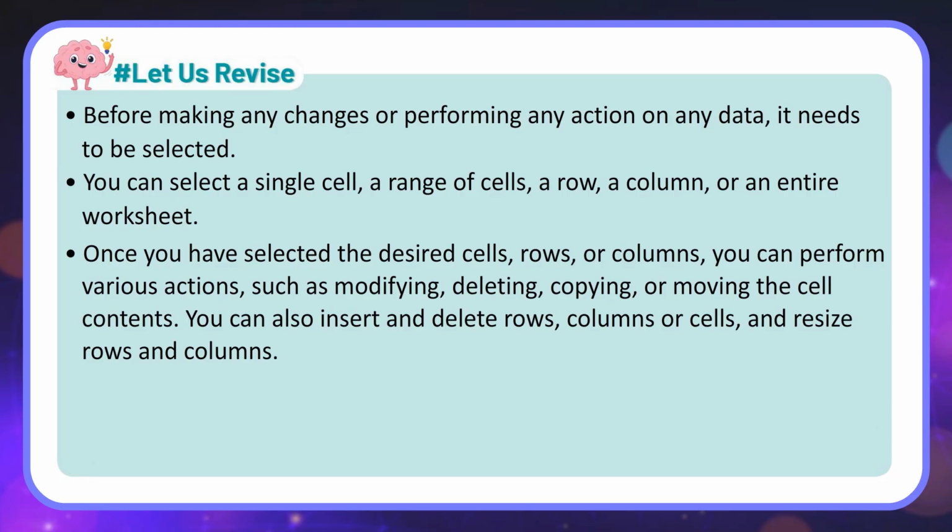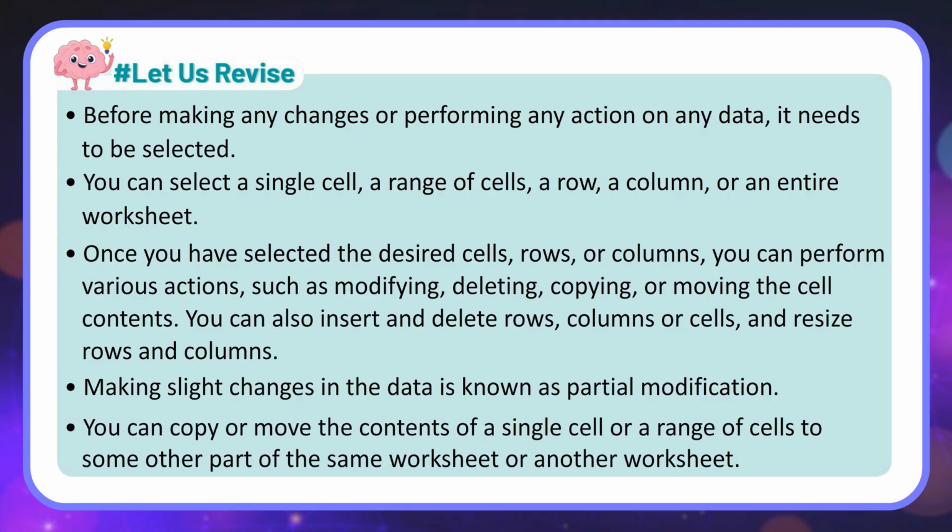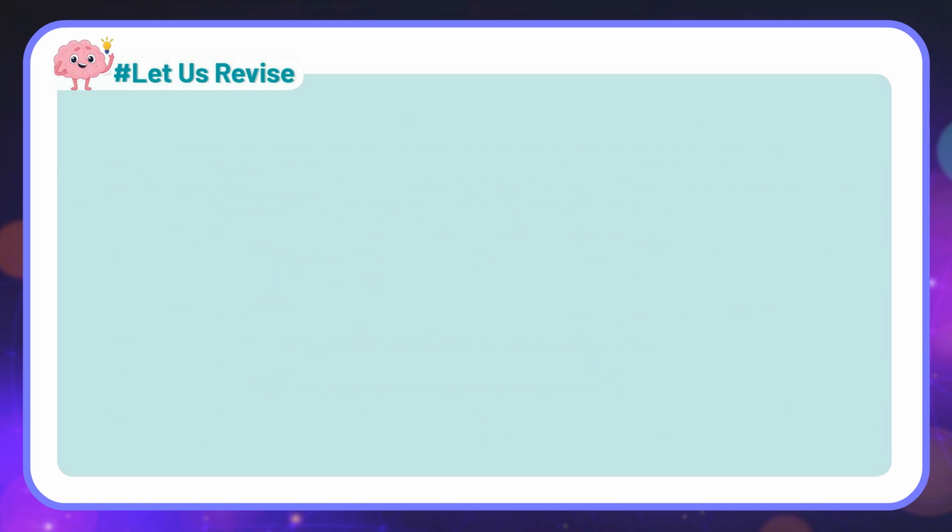You can also insert and delete rows, columns or cells, and resize rows and columns. Making slight changes in the data is known as partial modification. You can copy or move the contents of a single cell or a range of cells to some other part of the same worksheet or another worksheet.